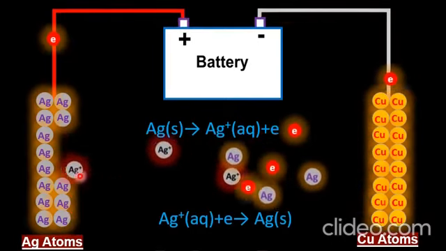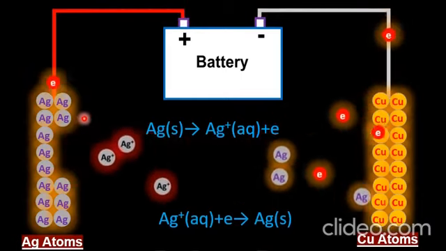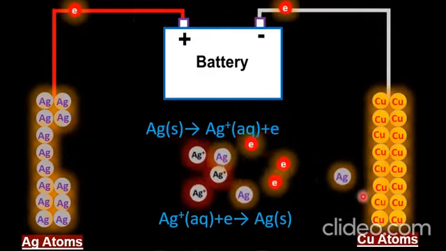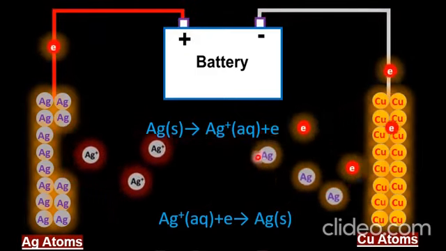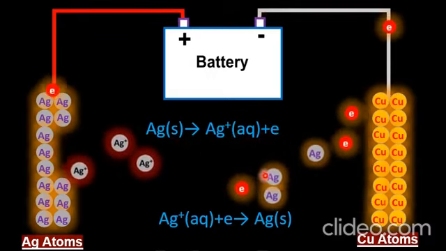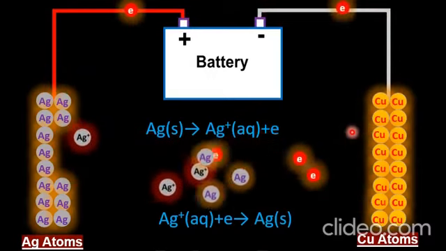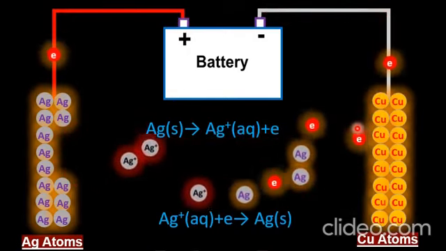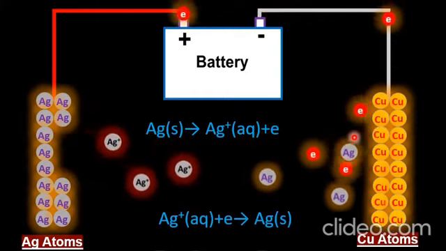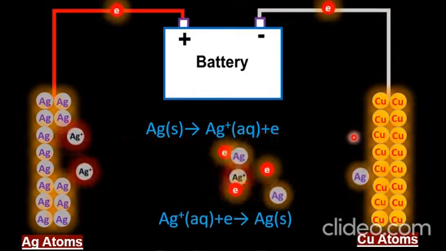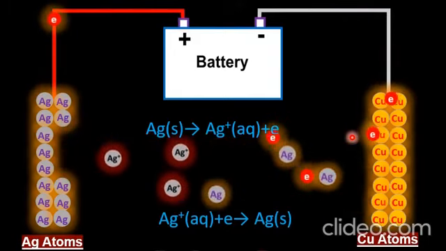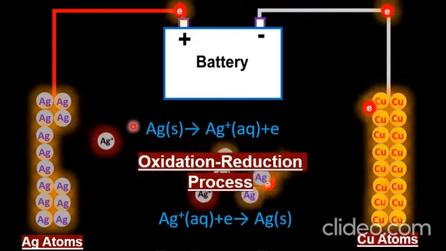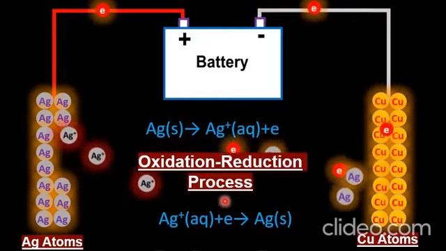On the other hand, on the copper plate side, silver ions are gaining electrons. Reduction is a gain of electrons, so reduction will happen at the copper plate side. This means the oxidation reduction process is happening inside the electroplating cell.